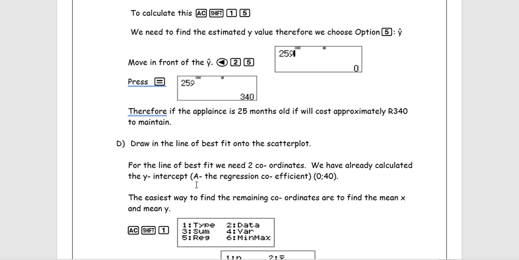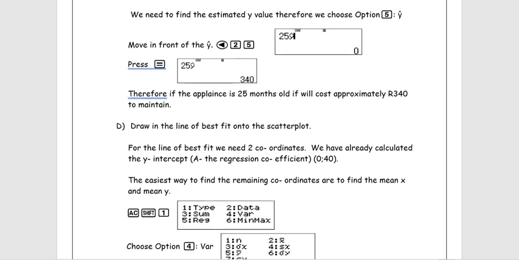So therefore, I already have the coordinate 0 is to 40. Now I need to find a second set of coordinates. The easiest way to find the remaining coordinates is to find my mean x and my mean y values. And I know this sounds all very complicated right now, but let me take you through it step by step.